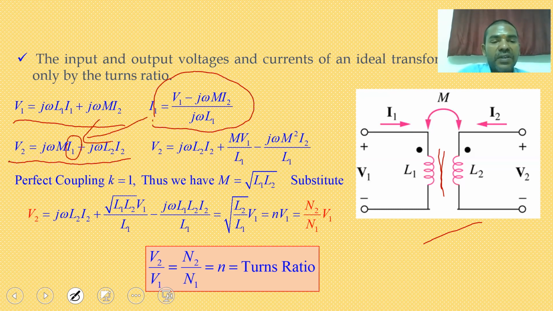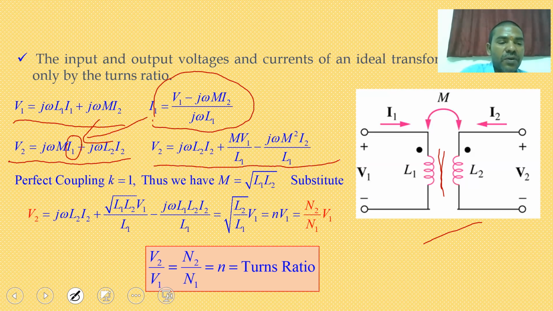V2 is equal to j omega L2 I2 plus M V1 by L1 minus j omega M squared I2 by L1. For the best coupling, the value of K must be equal to 1 and M is equal to root of L1 L2. Now I am substituting the M value.